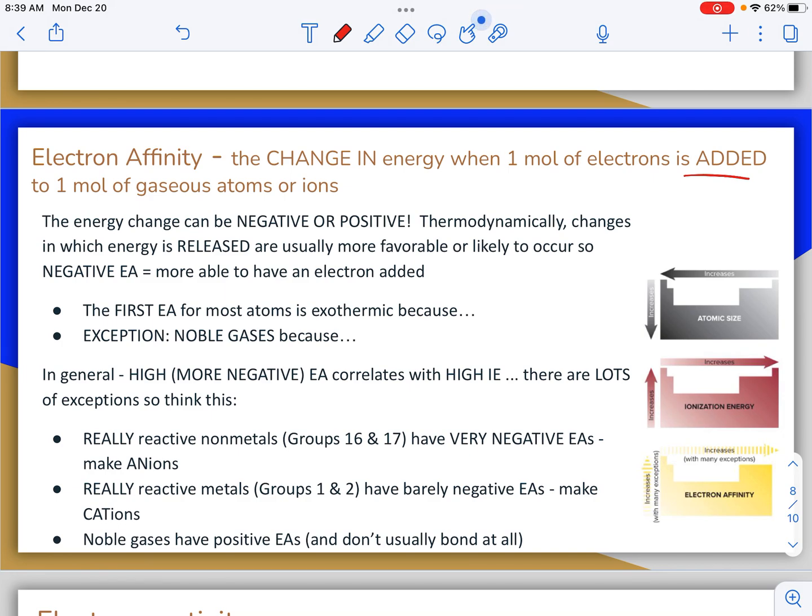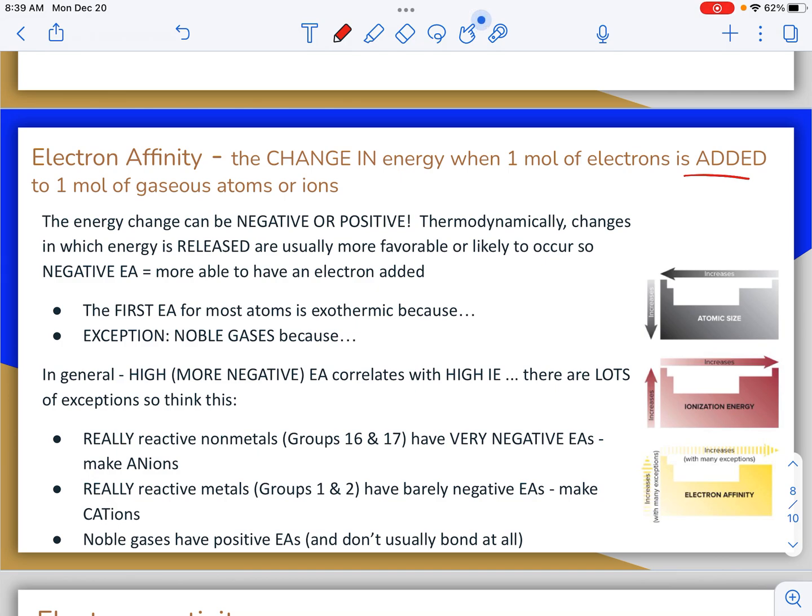The noble gases, of course, it's very difficult to add an electron. You have to force it into a new energy level, and so this is the exception. In general, the more negative the electron affinity, the more likelihood that you will gain an electron. So things with high ionization energies have more negative electron affinities, a bigger value, more negative, right?